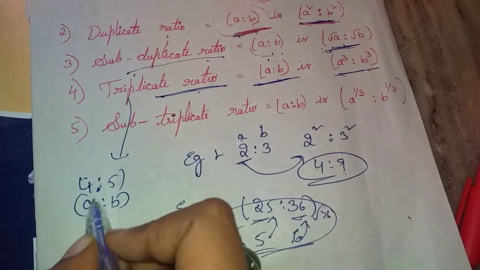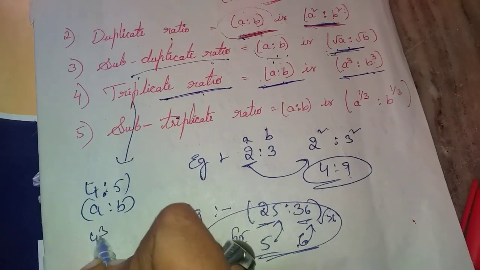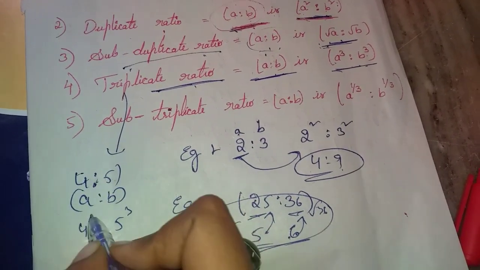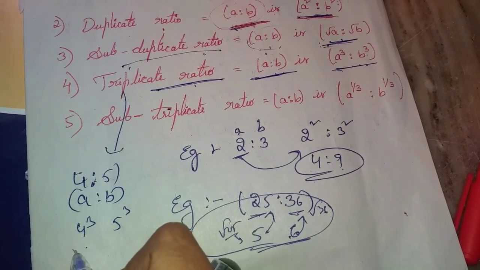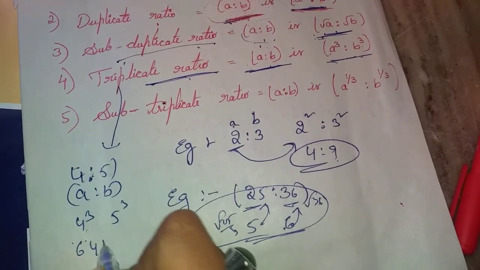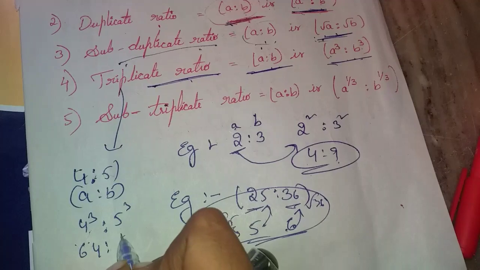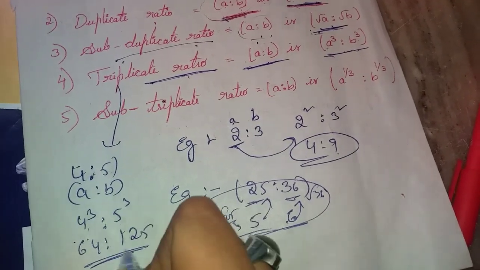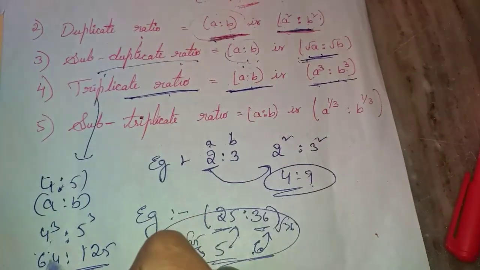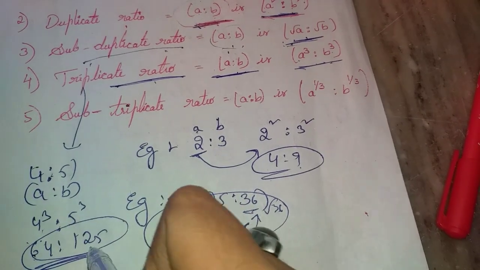Then the ratio of their cubes means 4 cube, 5 cube. 4 cube means 64 is to 5 cube means 125 is the answer. 64 is to 125.